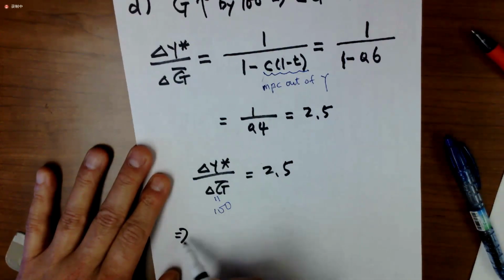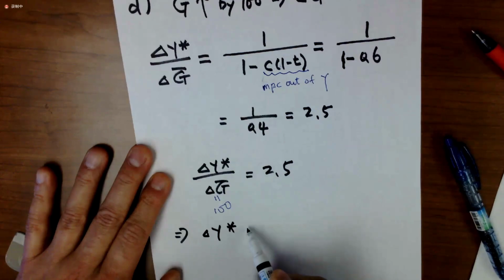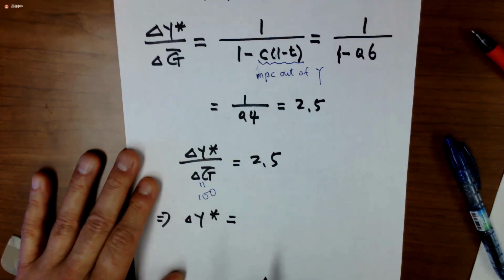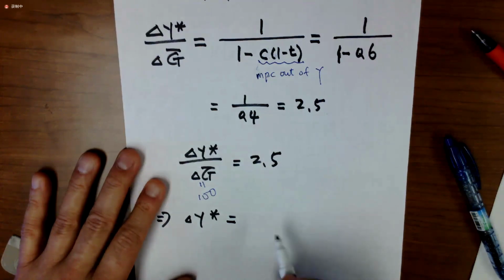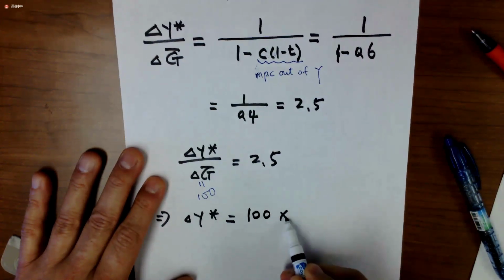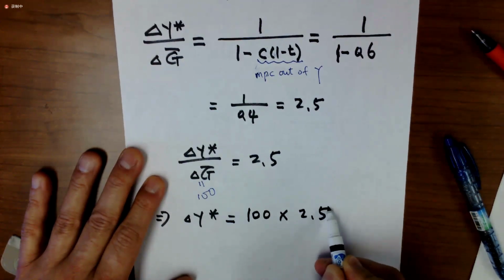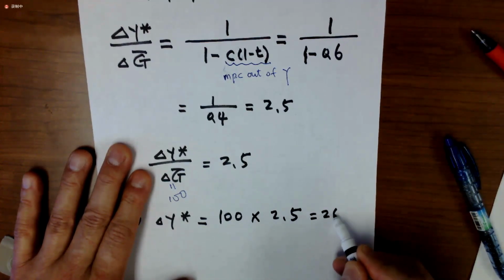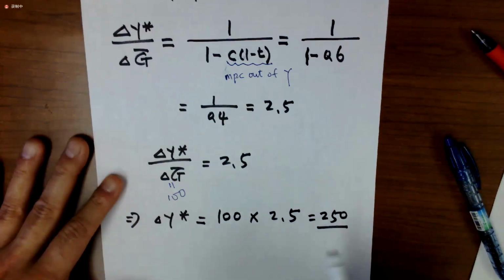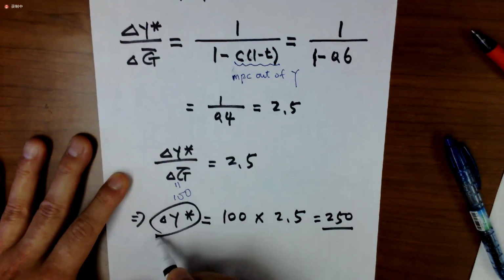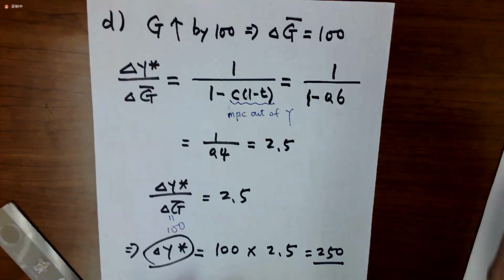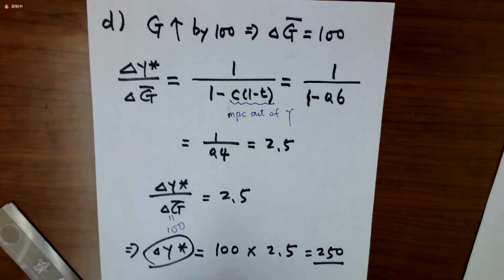So do you know what the resulting change in the equilibrium output is equal to? 100 times 2.5, which gives us 250. Equilibrium output will be increased by 250 as a result of the $100 billion increase in government spending.